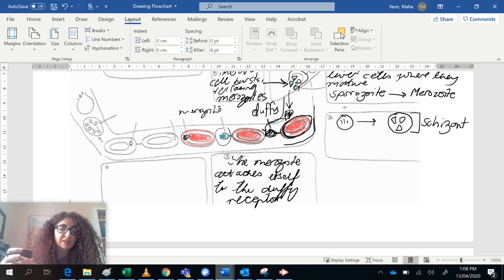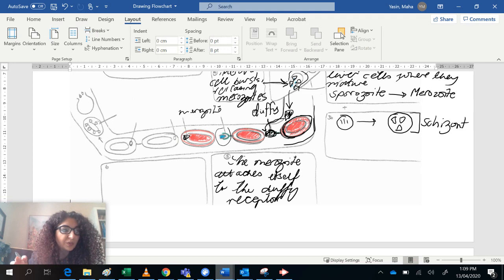Now what needs to happen is it needs to mature some more. So remember, we started off with the sporozoite right at the beginning. It entered, went to the liver cell. It matured into a merozoite. The merozoite then left the liver cell, goes to the red blood cell, where it's going to mature some more. And now you're going to see why it actually needs to mature a little more.